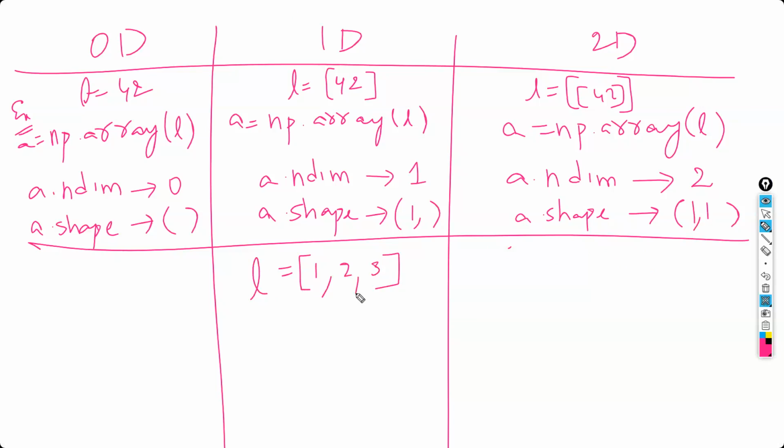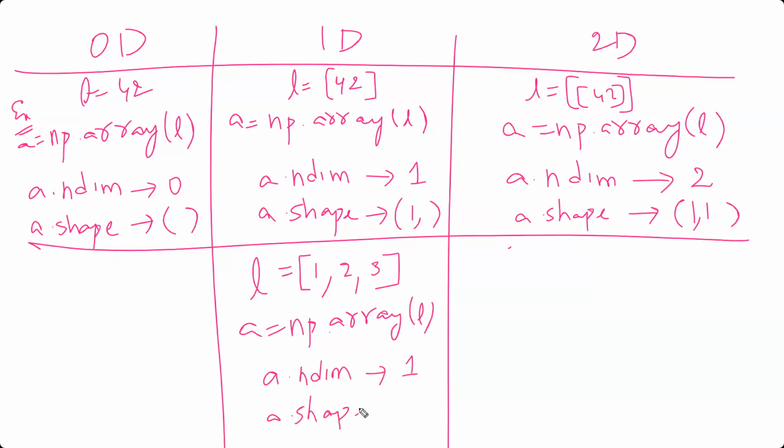It is a 1D. A is equal to np.array of L. And if I ask a.ndim, it is 1. And if I ask the shape of this, it is going to give 3 comma, because 3 values are there.